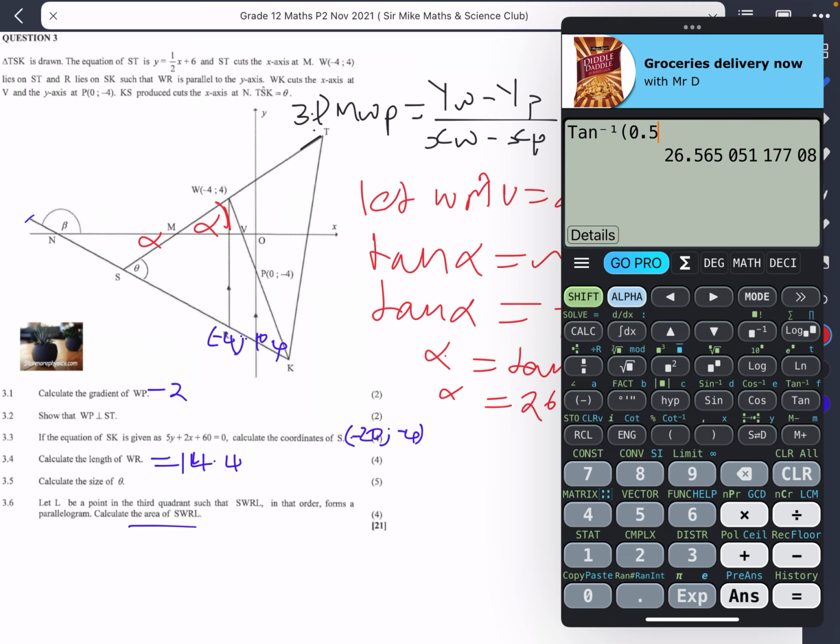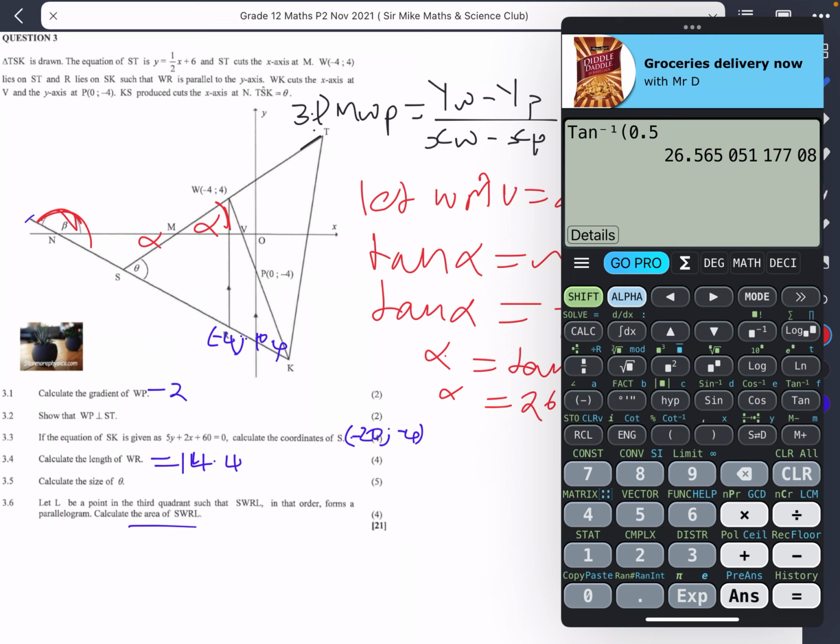Now what I'm going to do next is find the angle of inclination of that line there. Remember that line has a negative gradient, which we found. We know the equation of that line, NK, which we said was y equals negative 12 over 5 x plus minus 12.